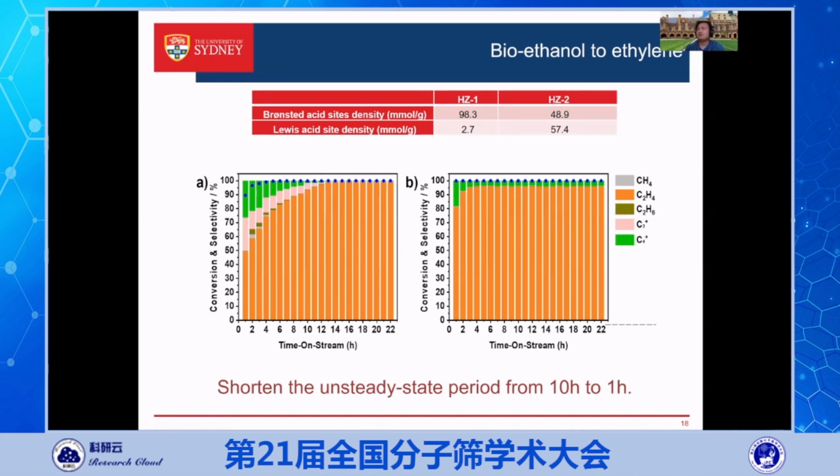It strongly improves the efficiency for bioethanol to ethylene. This is an important reaction because we know the global production of bioethanol is over 600 million tons per year, which is able to provide renewable bioethanol as a feedstock for bioethylene production.